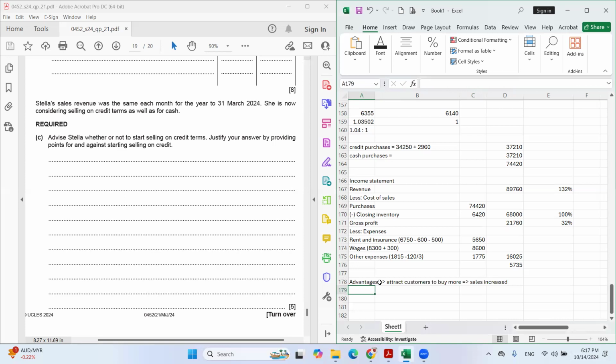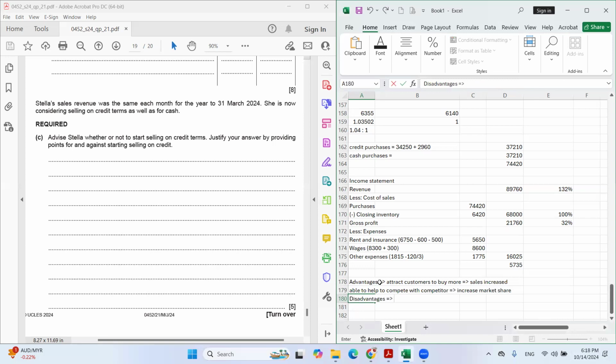Other than that, since you have competitors, this will help you to compete with competitors. So this will increase market share. Okay, disadvantage.